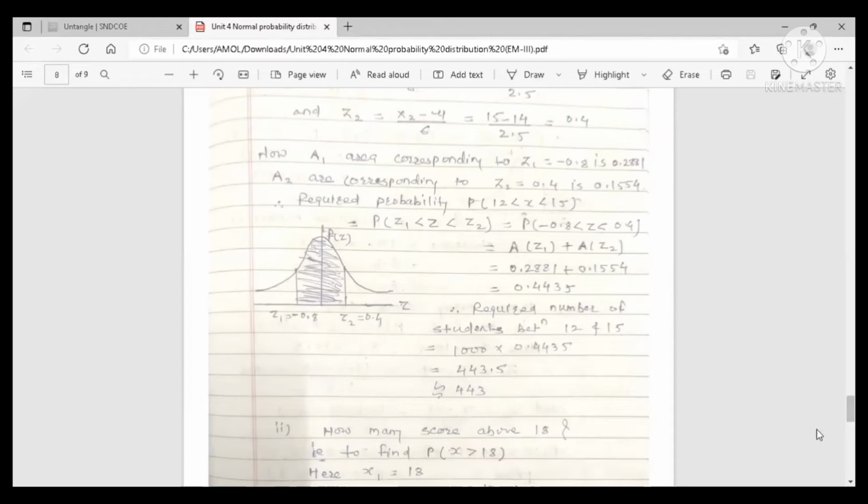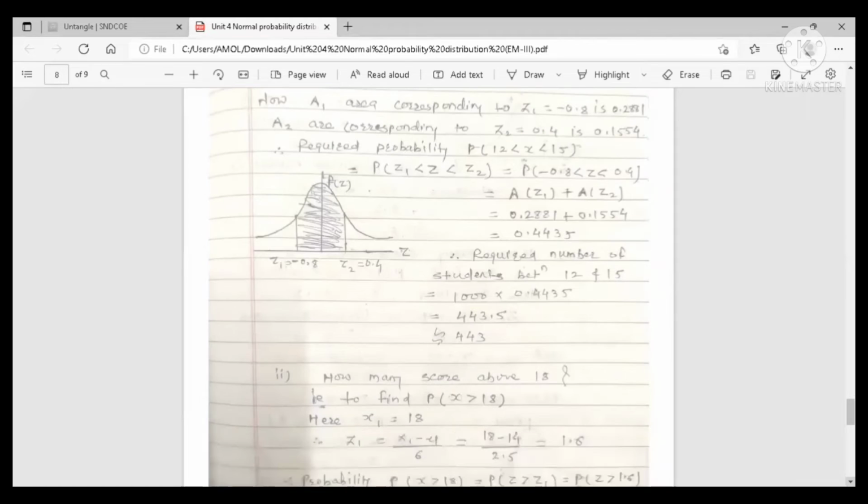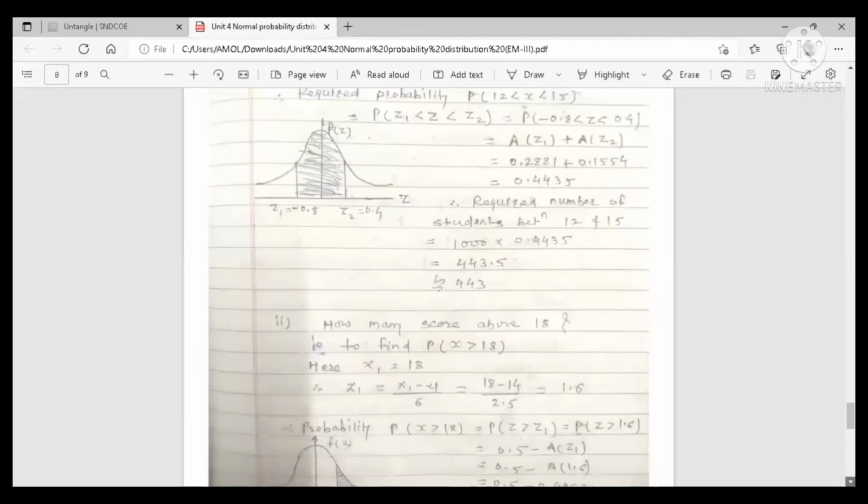Now the next sub question in the same example is, how many score above 18? That is to find the probability of X greater than 18, meaning your X1 is 18. Now convert this X1 in terms of Z1. The formula is X1 minus mu upon sigma.